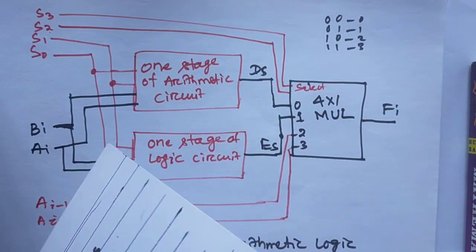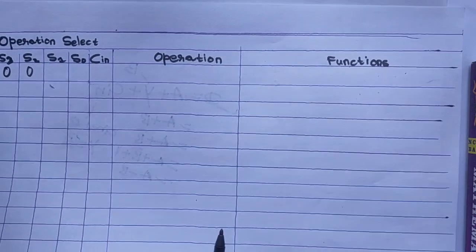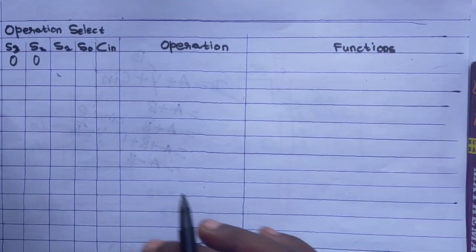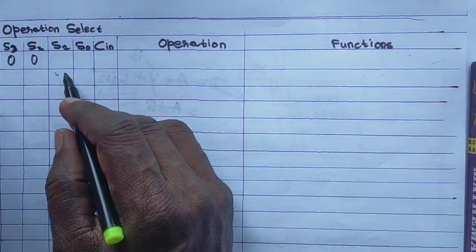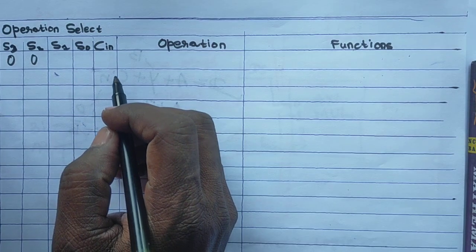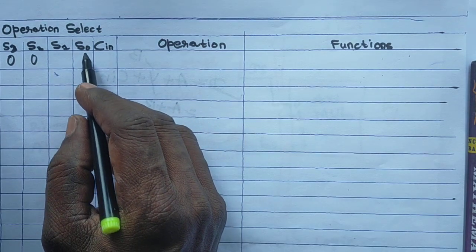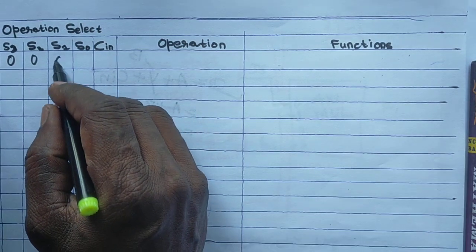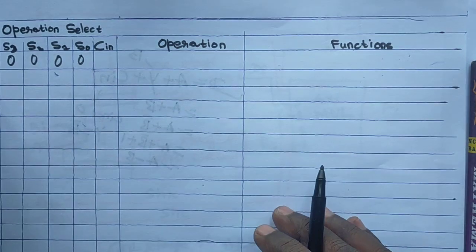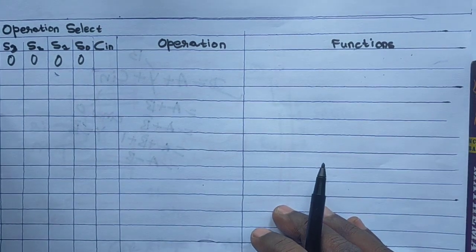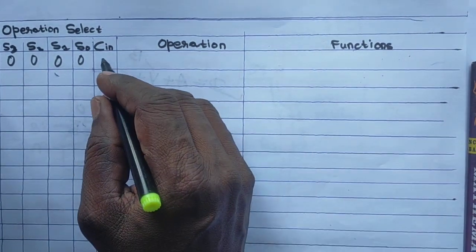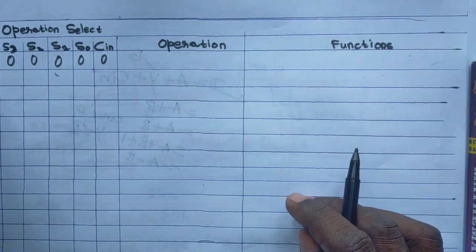Now we will see how it is defined. So if we go through S3, S2, only the arithmetic operation we will consider. Another is S0, S1. Now we will check S0, S1, it is 0, 0. If it is 0, 0, another is Cn, initially Cn is 0.